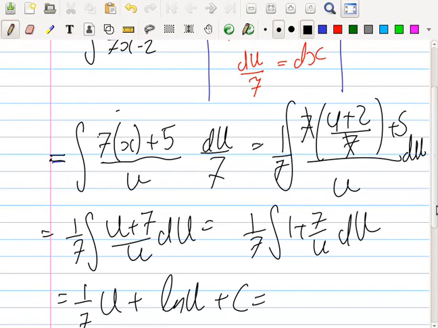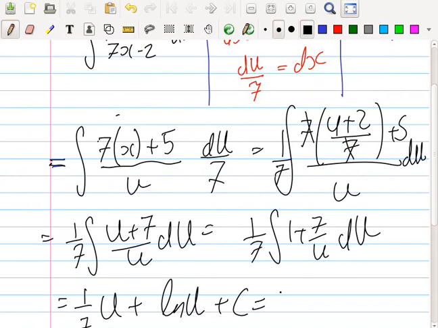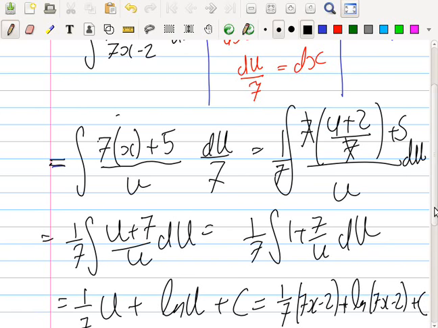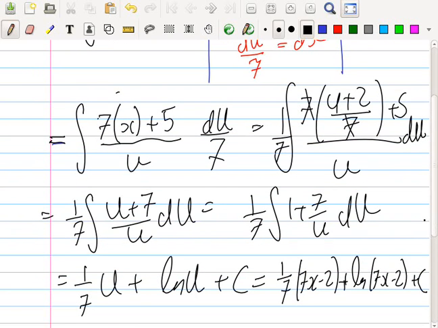So the answer is 1 over 7, 7x minus 2 plus log 7x minus 2 plus c. There's the answer. So the step you're missing, Sarah, is the replacement of x. That's all.